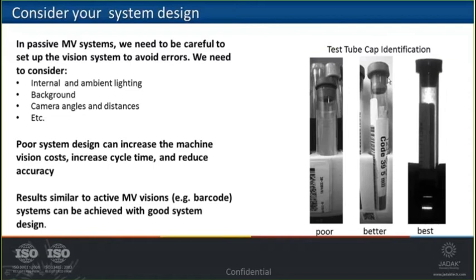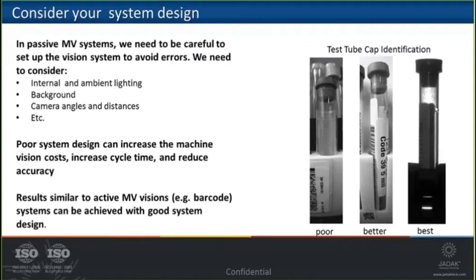Or the very best is the one we showed on the right, where, as I mentioned previously, we put in say a retroreflective background where we're really going to make the shape of that test tube and that cap pop. That's a case where we put in the best system design that we could up front, really to make the machine vision project a lot easier and less costly, and you're going to get better results in the long term.